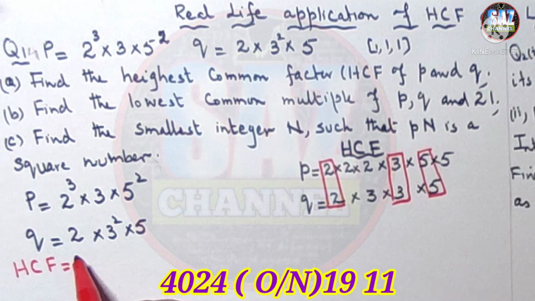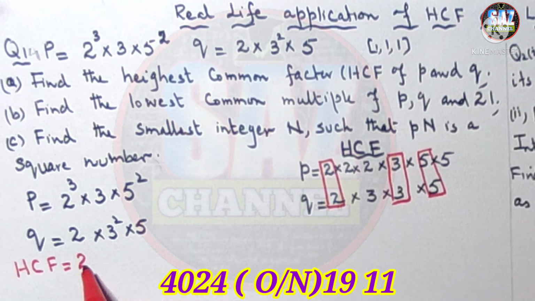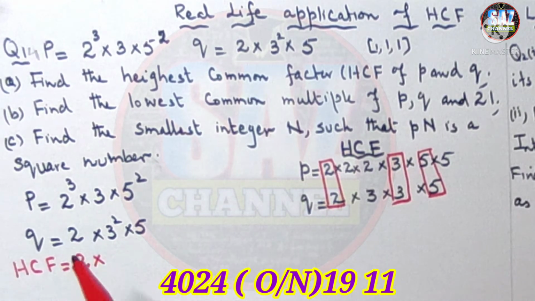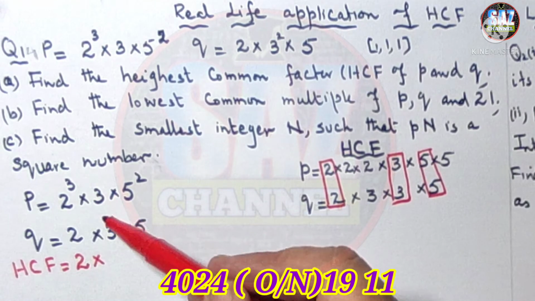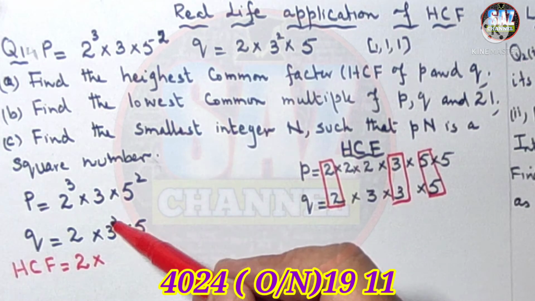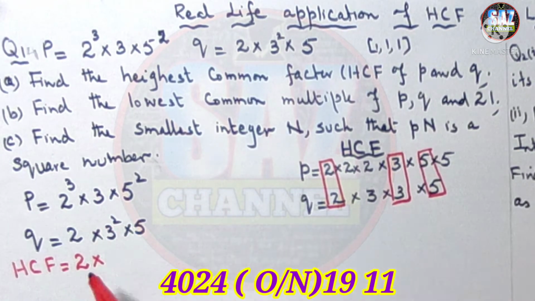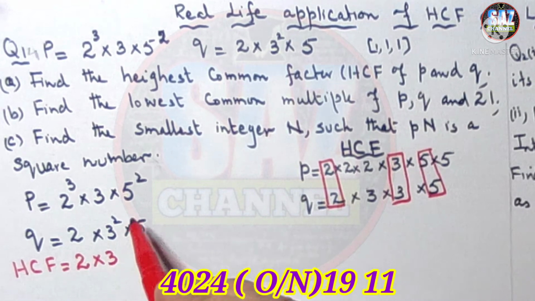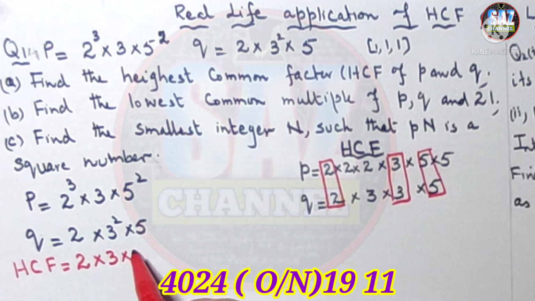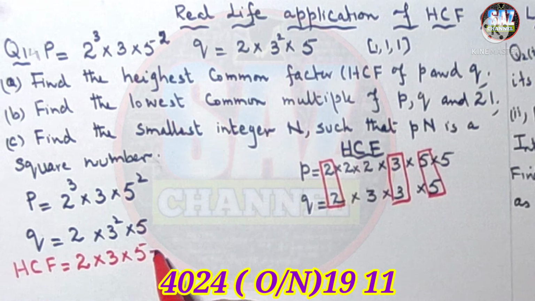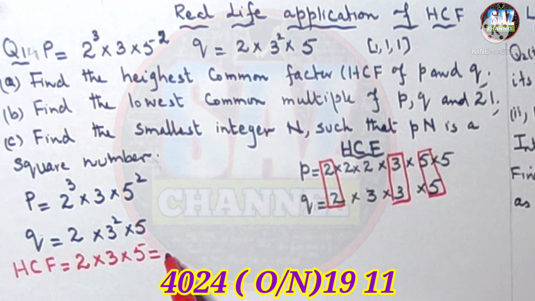What will be the common factor? That will be only 2. Coming to 3, that is 3 raised to power 1 and 3 raised to power 2, again only one common 3, and again for 5. So HCF will be 5 times 3, 15, 2s are 30.